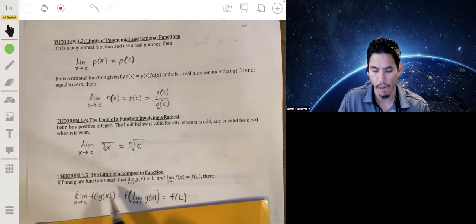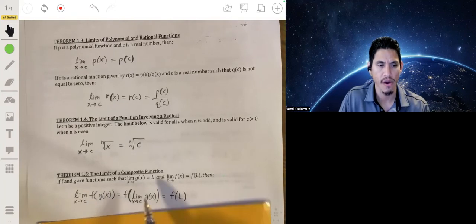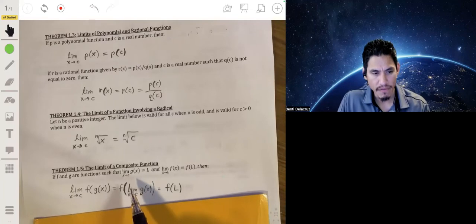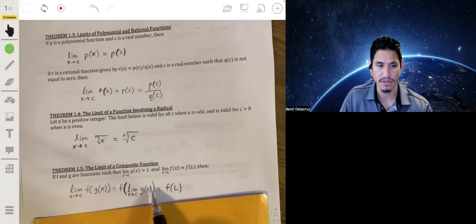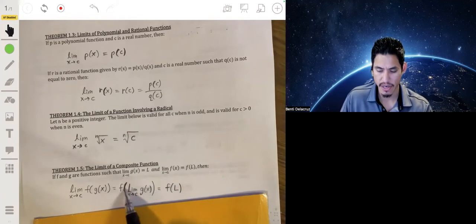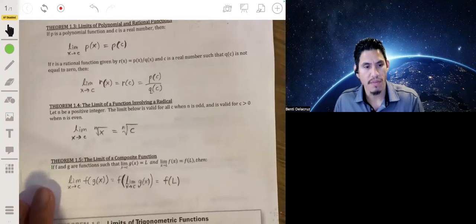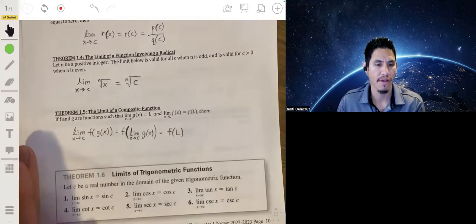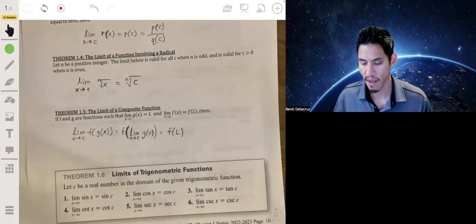And so it's going to look like this. The limit of f of g of x as x approaches c will be equal to f of the limit of g of x as x approaches c. So do this part first, and that'll just be the same as that L, the f of L. Because that L, we see this interior right here is what we defined up here. And here are just some of the trig ones. You can just simply apply direct substitution for those ones as well.